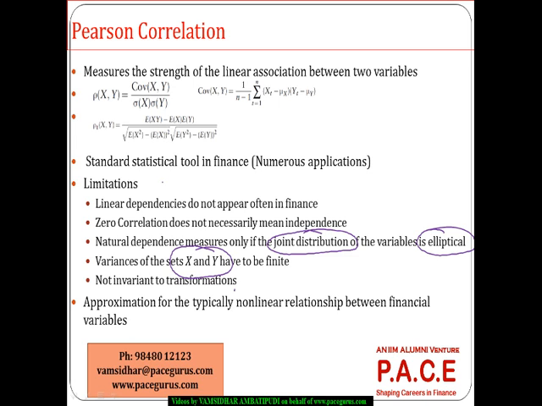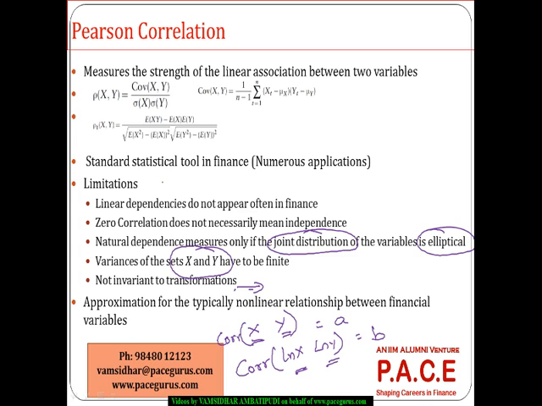And another major limitation with the Pearson correlation coefficient is it is not invariant to transformations. Means if I take the correlation between x and y, if I get some value a, and I transform these two variables to log x and log y, I will not get a, I may get some b, which means the same variable after a transformation is giving something else.